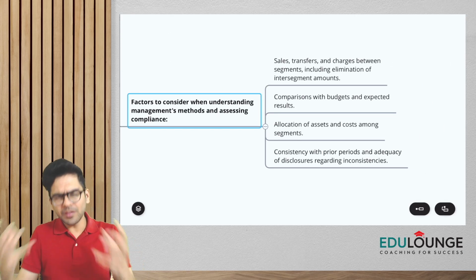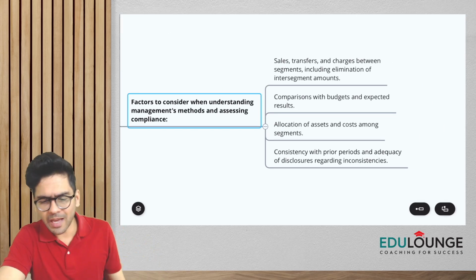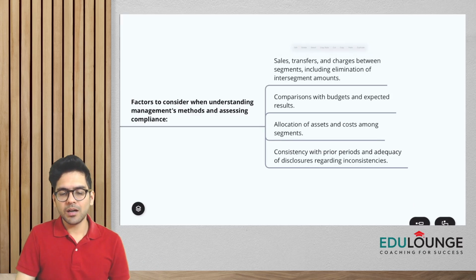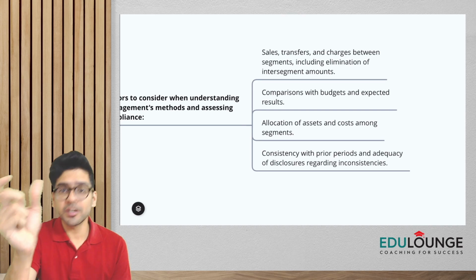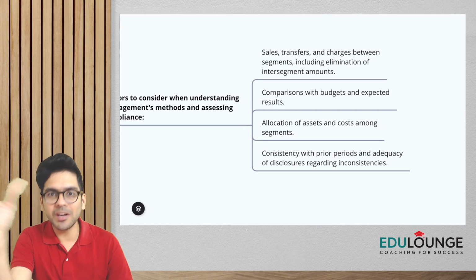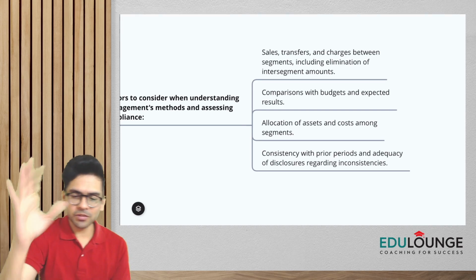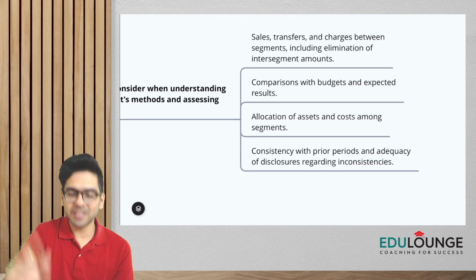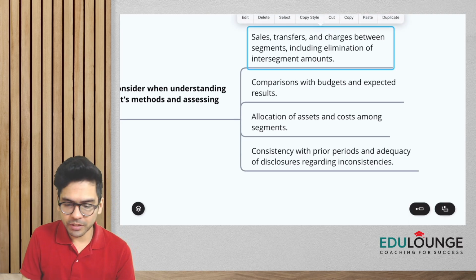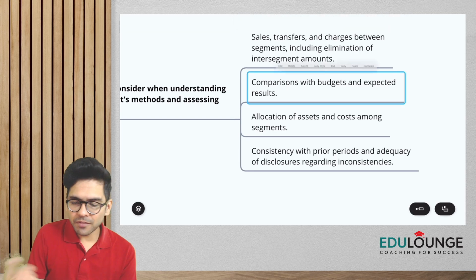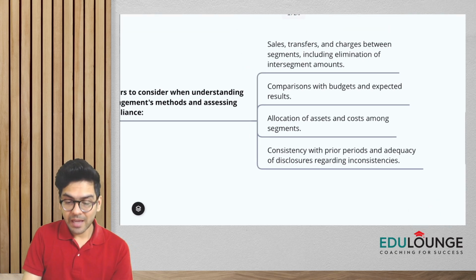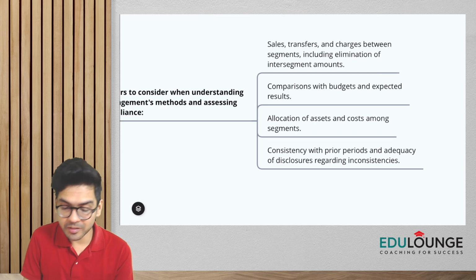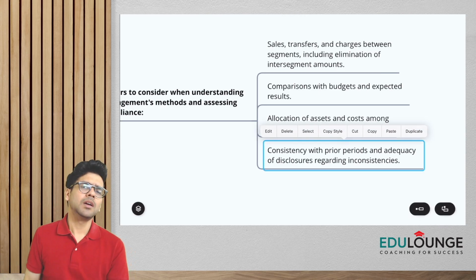The methods which management may use can be anything, guys. It can be how they record the sales and charges between the departments or divisions, and how they eliminate inter-segment departmental amounts. Then comparison with the budgets and expected results, allocation of assets and cost among segments, and consistency with prior periods and adequacy of disclosures regarding inconsistency.